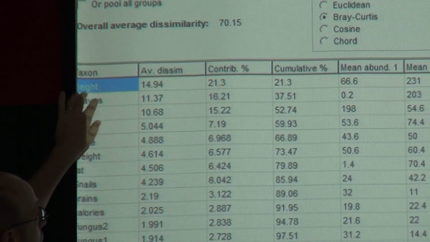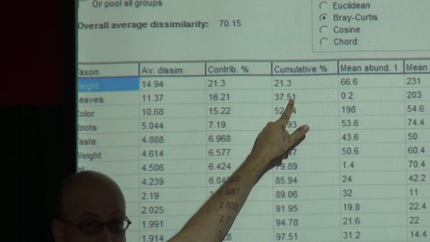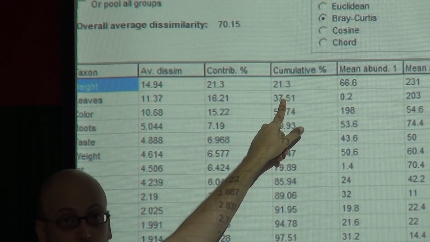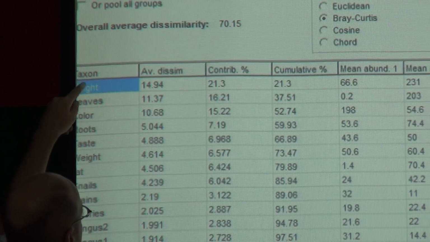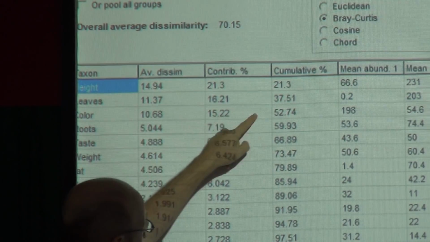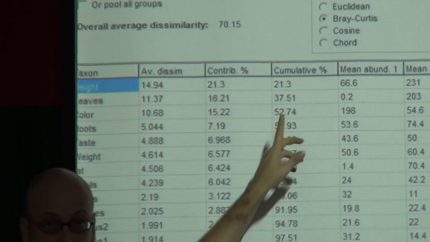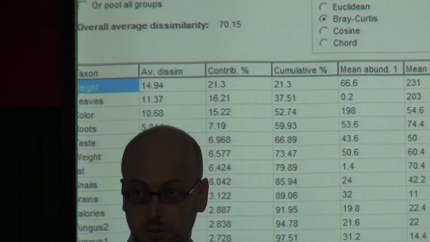Height and number of leaves together are responsible for 37.5% of the differences. Height and number of leaves and color, all of them together, are responsible for 52.74% of the differences between the groups.